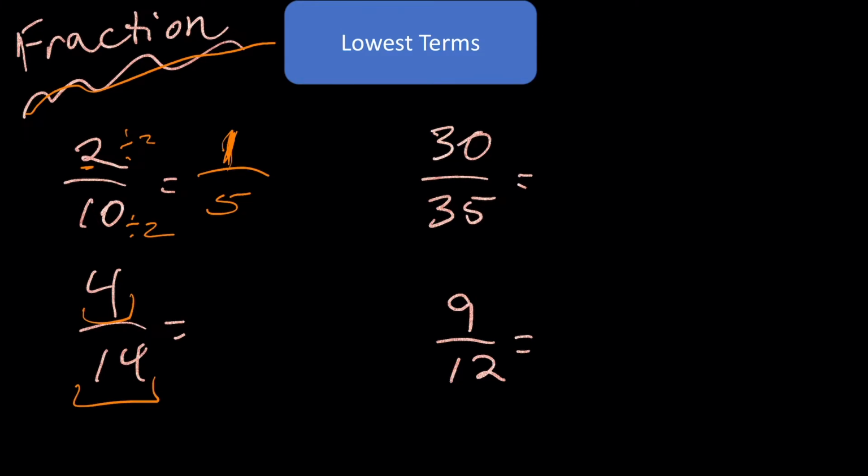So 4 divided by 2 is 2, and that's 7. Okay, the greatest common factor between these two is 5. So that's 6, and this is 7. And here it would be 3, so that would be 3 and 4. So that is reduced to lowest terms, right? So I can use either of these two methods to help me.